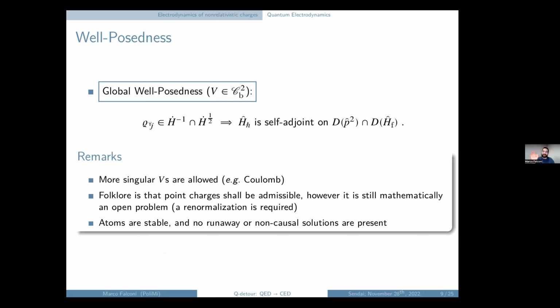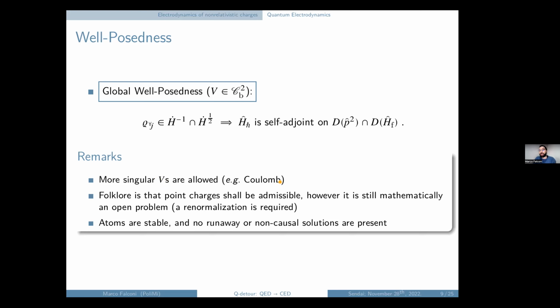So if the charge is extended, we have that very high momenta are cut off from the coupling. We can still allow for more singular electrostatic potentials V than at the classical level.